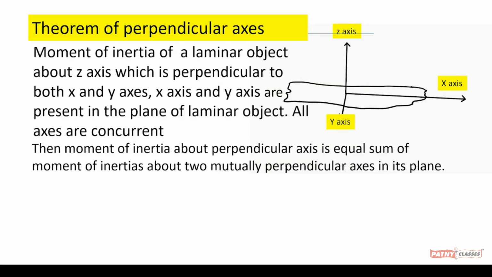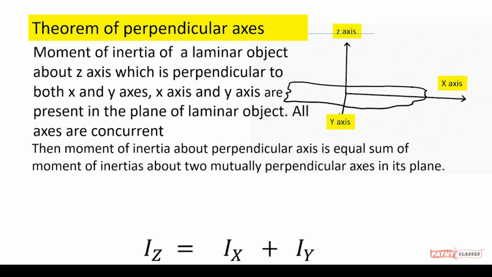The moment of inertia of a laminar object about the z-axis, which is perpendicular to both the x and y axes, where the x-axis and y-axis are present in the plane of the laminar object and all axes are concurrent, is equal to the sum of the moments of inertia about the two mutually perpendicular axes in its plane.